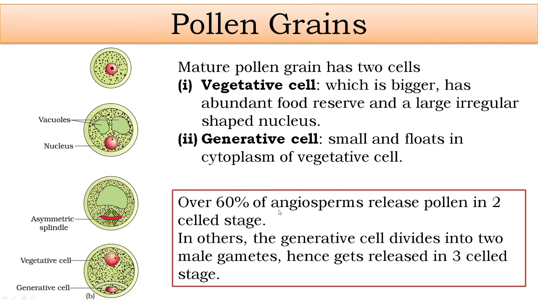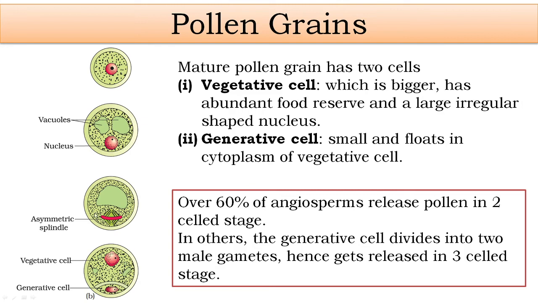Now, over 60% of the flowering plants release their pollen in this two-cell stage. Whereas another 40% of the angiosperms have pollen grains containing three cells.